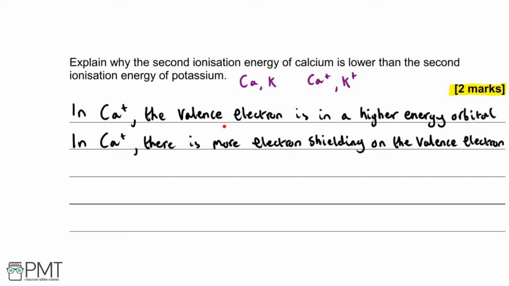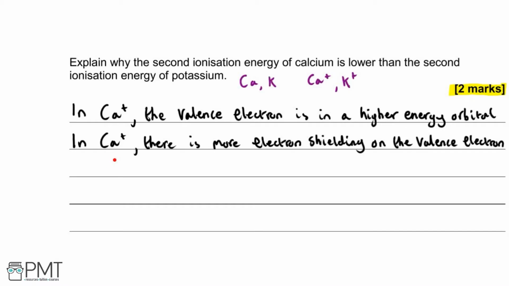Whereas in potassium, because our valence electron is within that 3p orbital, all the other electrons in that orbital aren't shielding it from the nucleus at all. And as a result, there's less repulsive force on that valence electron in potassium as compared to calcium. So it's easier to remove the electron in calcium.